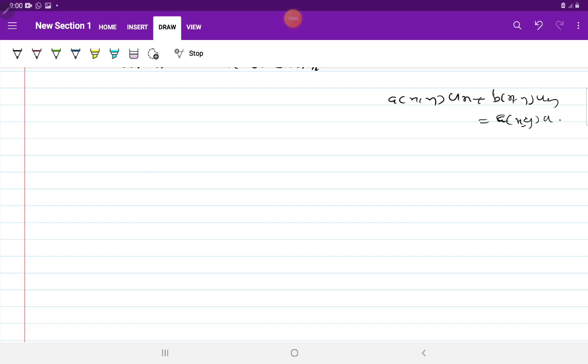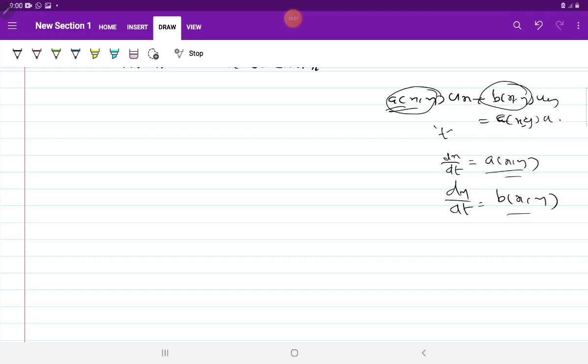That means these functions are explicitly independent of the variable t, so that in our characteristic equations dx by dt equals a of x,y and dy by dt equals b of x,y, these are independent of t and of the equation du by dt.